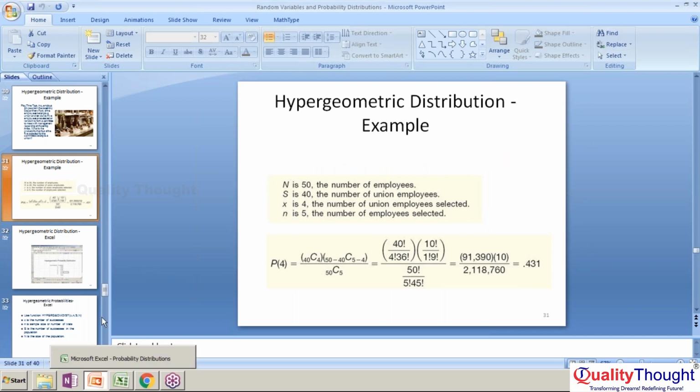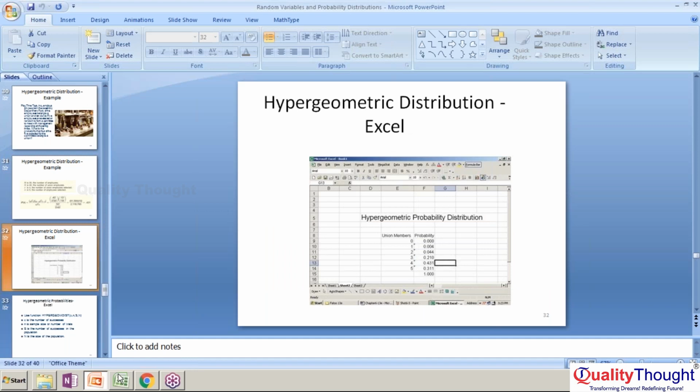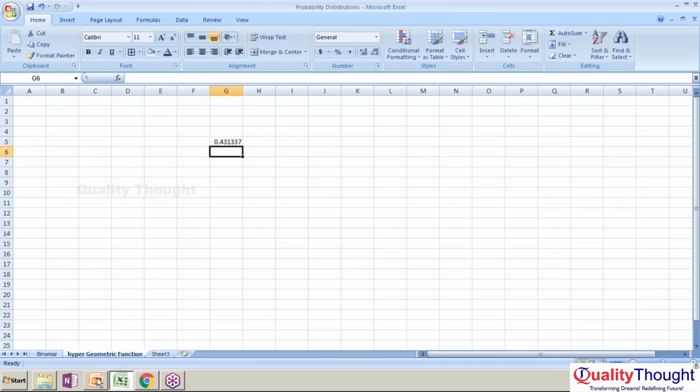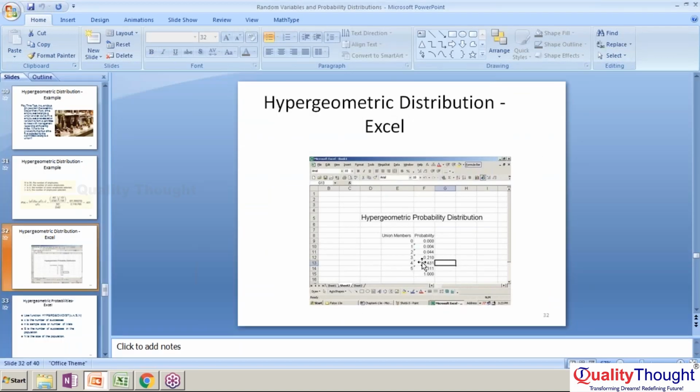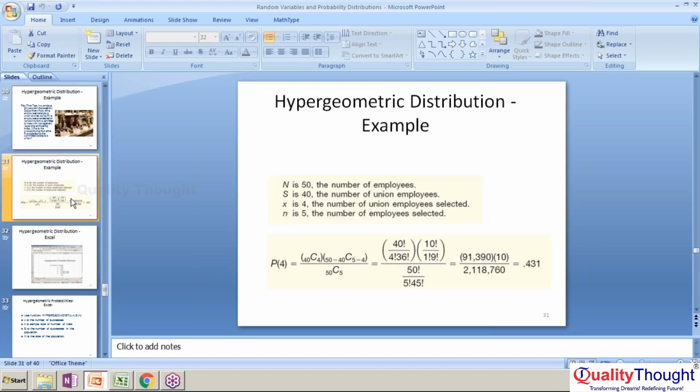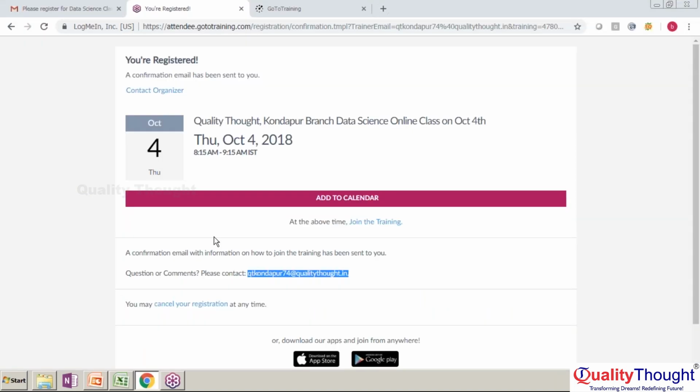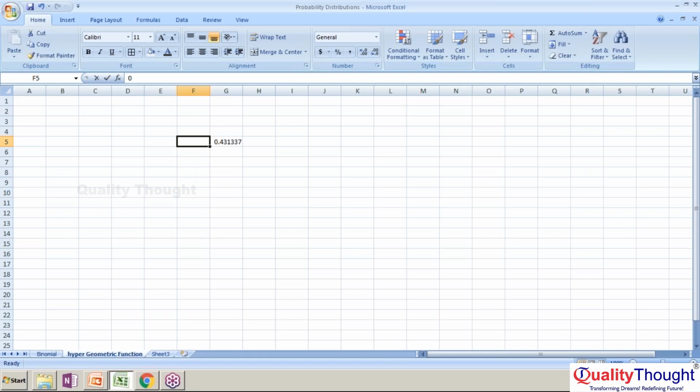So shall we run the show here with this one? 431,337. You can see for 4, right or wrong? 431,337. But I don't want something like this. I just wanted to see the probability of selecting 0, probability of selecting 1, 2, 3, 4, 5. That's it. This is the max probability that I just want to see.